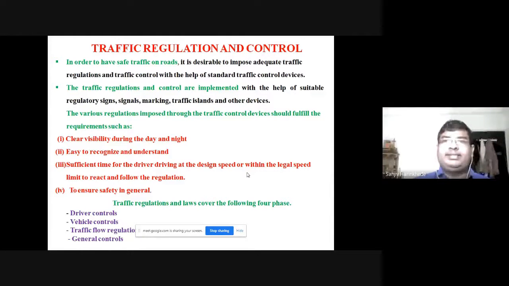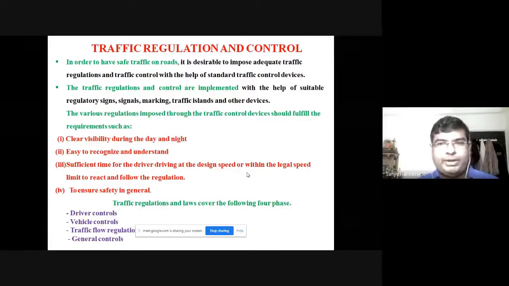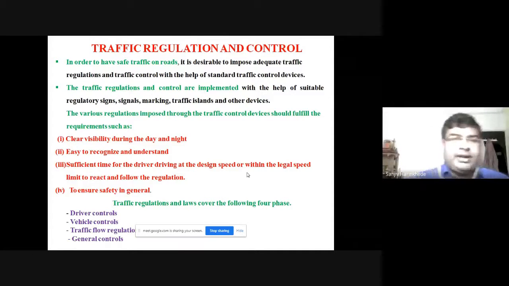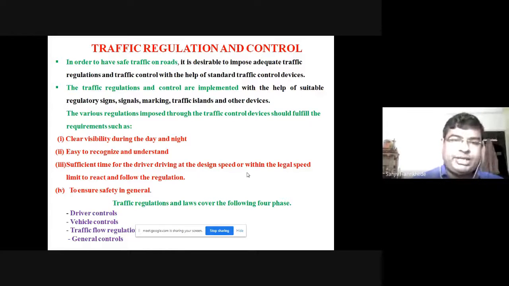There are many devices, such as signals, or photographic or videographic signals. Automatic video controls are also there, which can help make traffic on the road safer. Traffic regulation and control are implemented with the help of suitable regulatory signs, signals, markings, traffic islands and other devices.